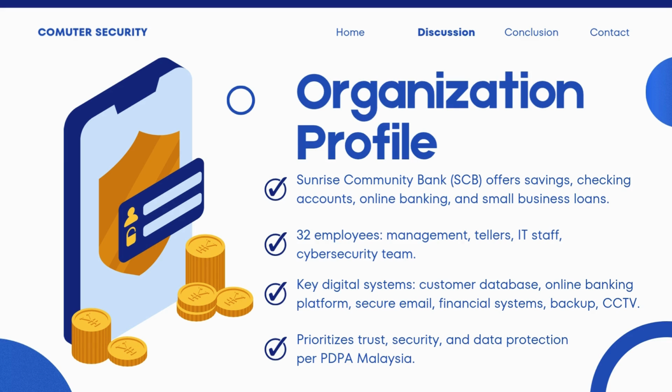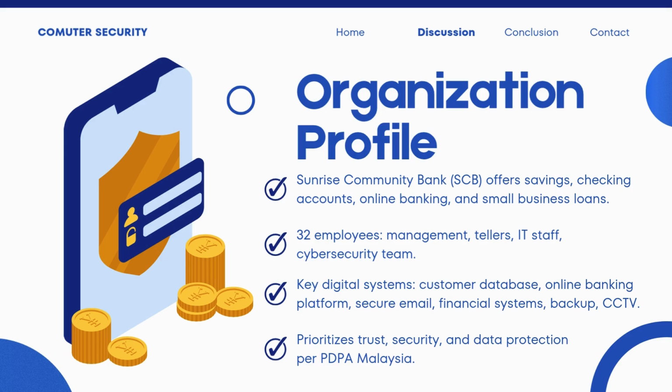The bank has about 32 employees, including management, tellers, IT staff, and cybersecurity team. SCB uses several digital systems like a customer database, online banking platform, secure email, and backup storage. The bank's main focus is on trust, security, and data protection to keep customers' information safe.